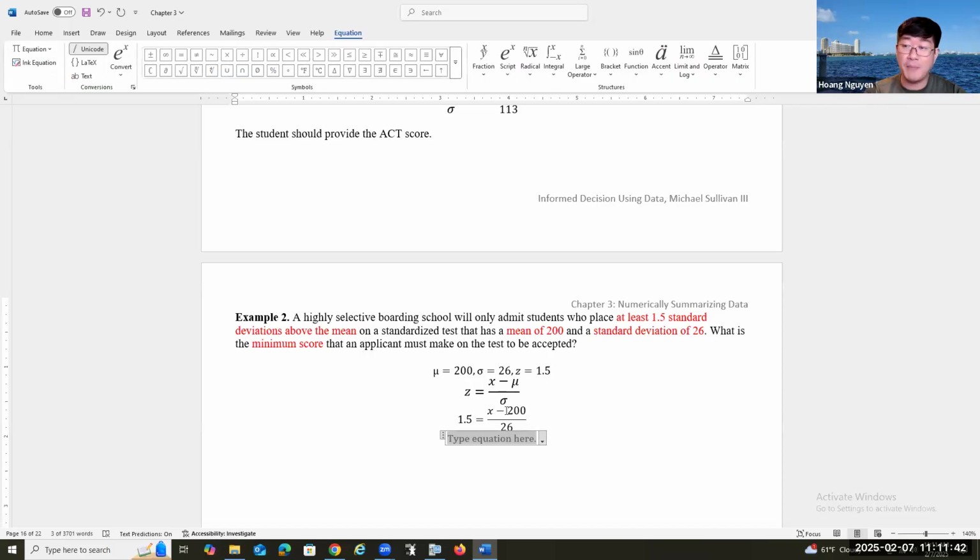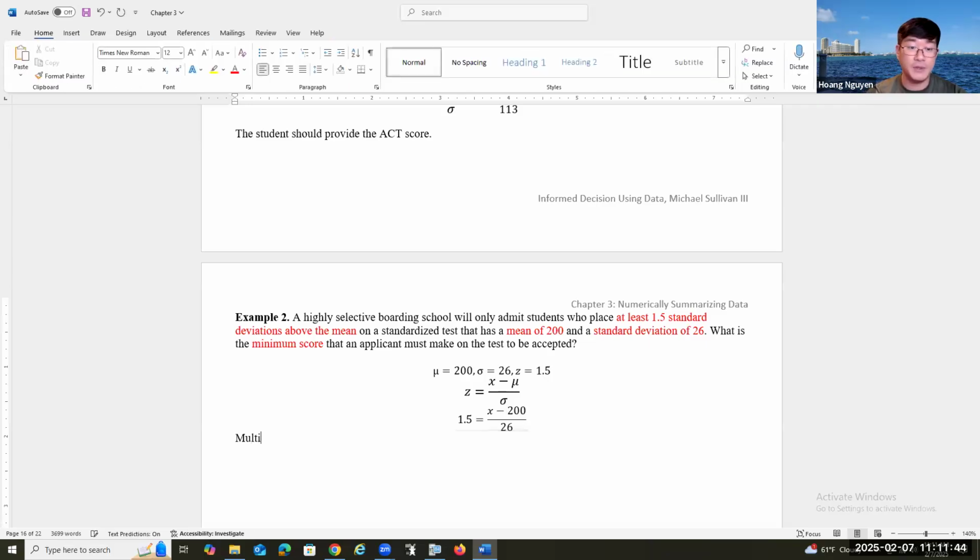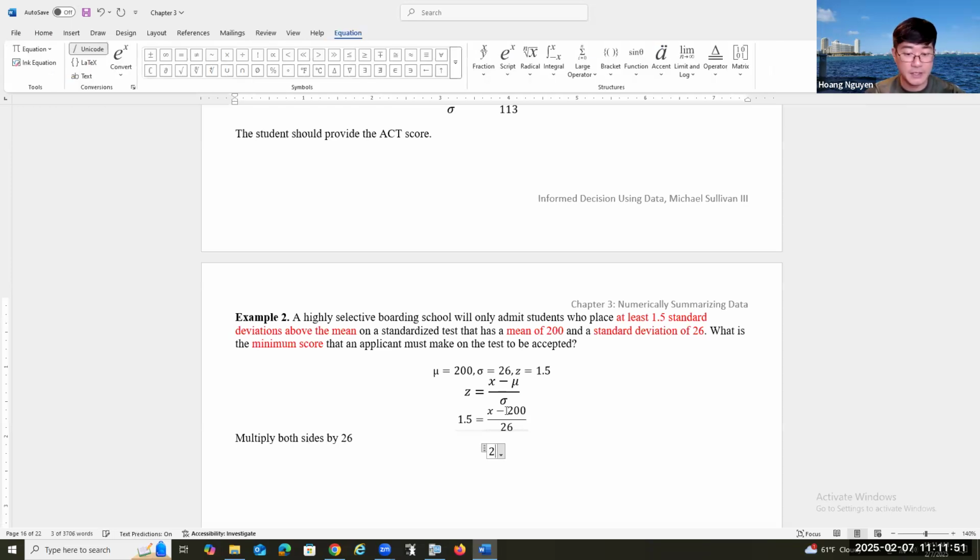Okay, so we're going to multiply both sides by 26, right? On the left-hand side, I'm going to do 26 times 1.5. Similarly, on the right-hand side, I'm going to do 26 times (x minus 200) divided by 26.